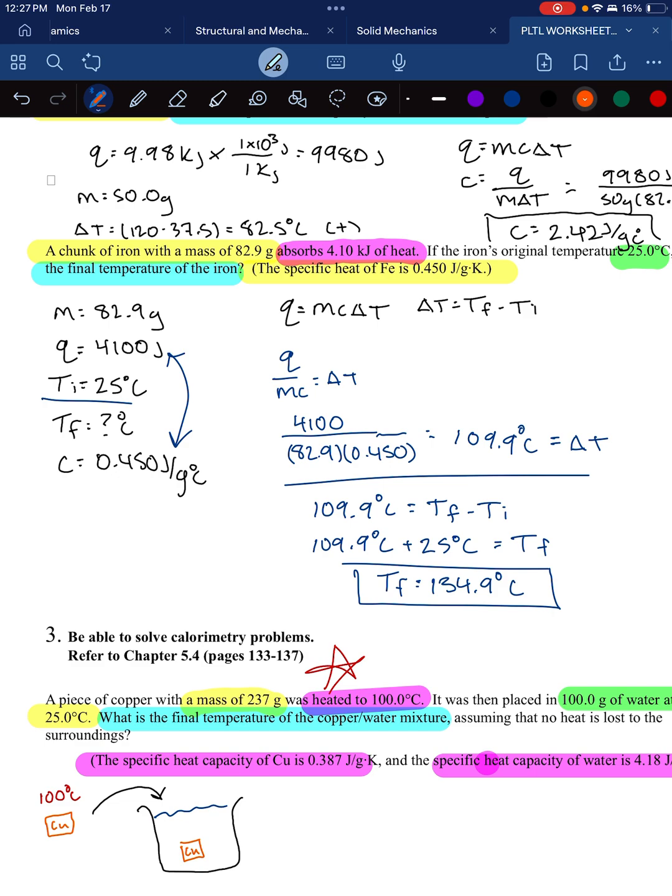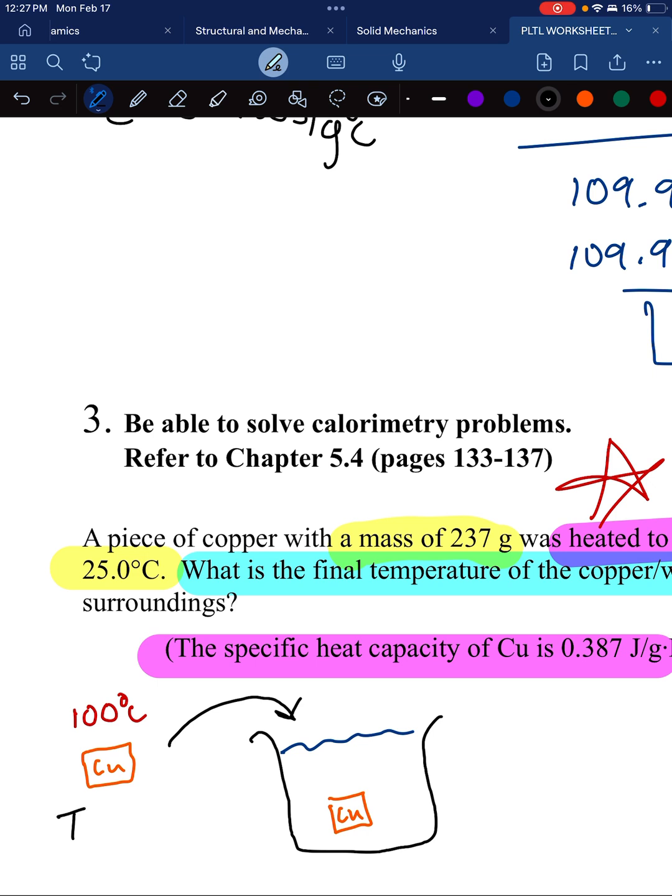But the thing that you need to know here is that the T final of the copper is equal to the T final of the water due to thermal equilibrium, right? If you take your hand and it's kind of cold and you place it on a surface that feels warm, if you leave it there for long enough, your hand is going to stop feeling warm or cold.